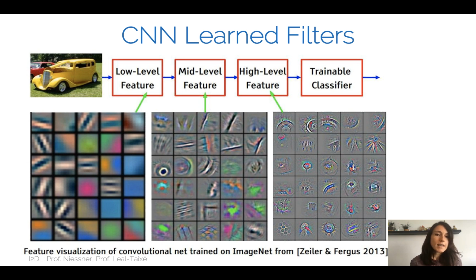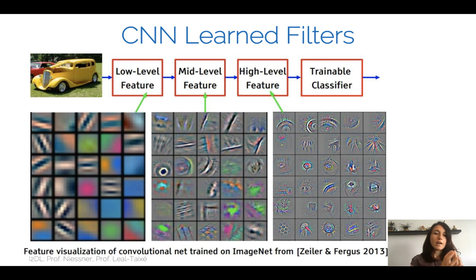And we can see that in the low-level features, so in the first layers of a neural network, we're seeing all these low-level geometrical features emerging. So we're seeing edge detectors, all kinds of edges with different orientation, with different sizes. We can see circle detection. And these are the kind of features that are going to be learned in the early layers of a neural network.